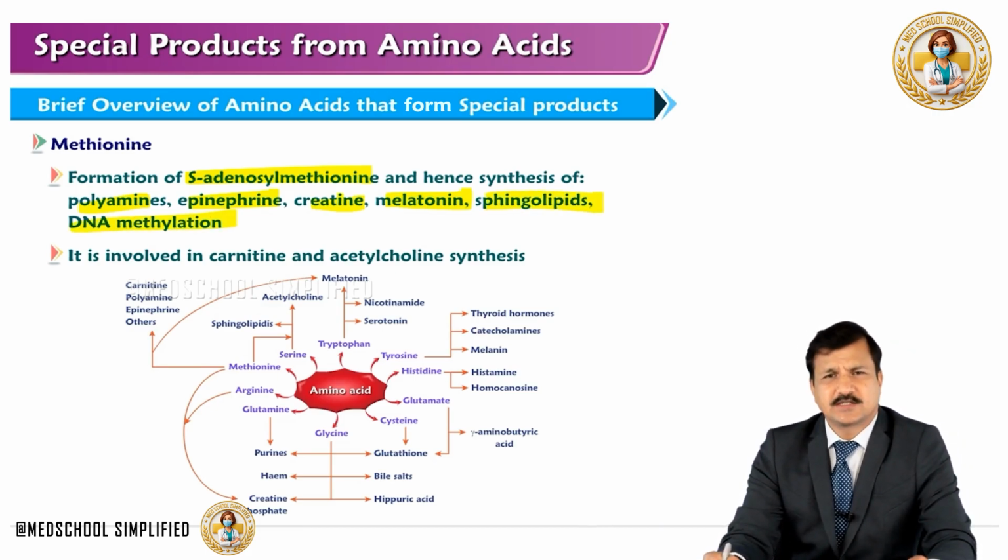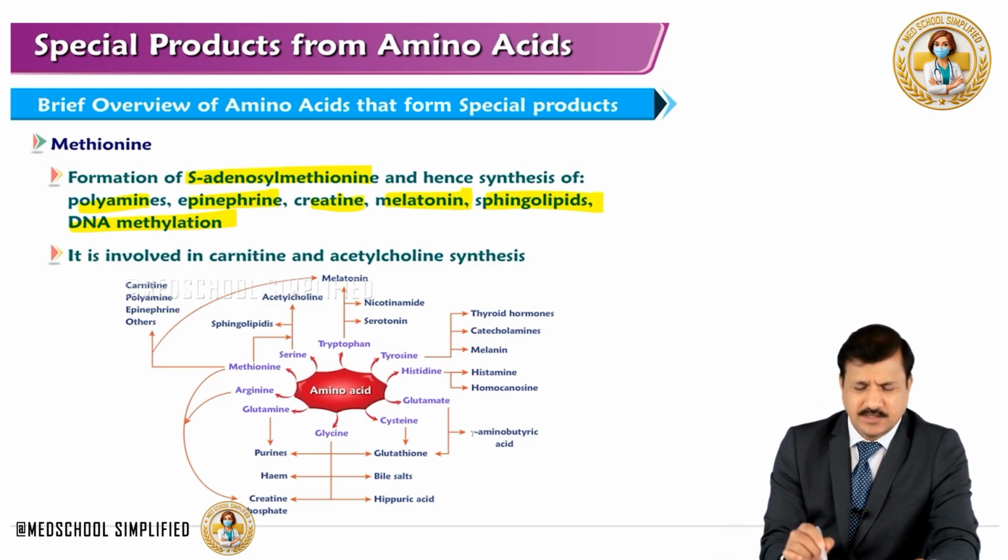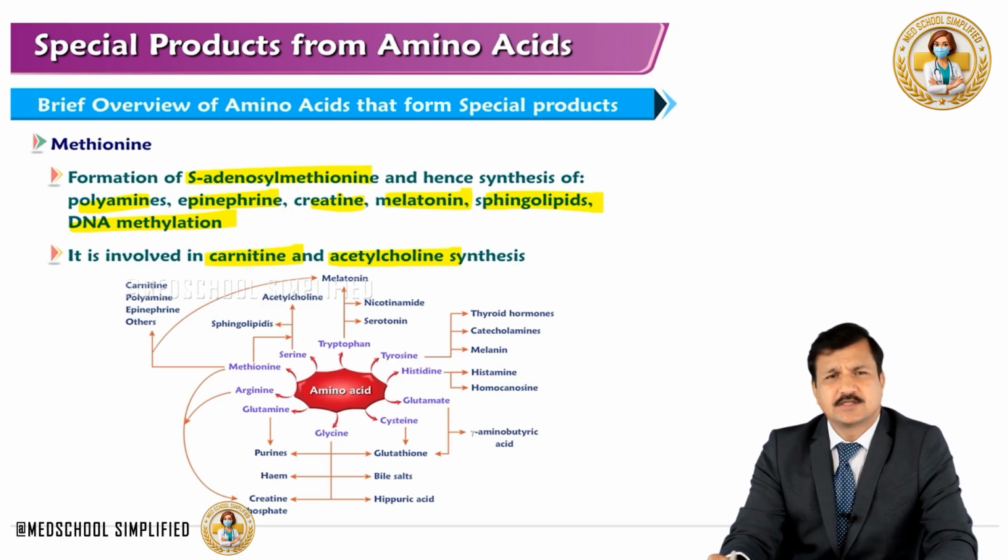In all these reactions, methionine's derivative, that is S-adenosyl-methionine, is used. And also methionine is involved in the synthesis of carnitine and acetylcholine.